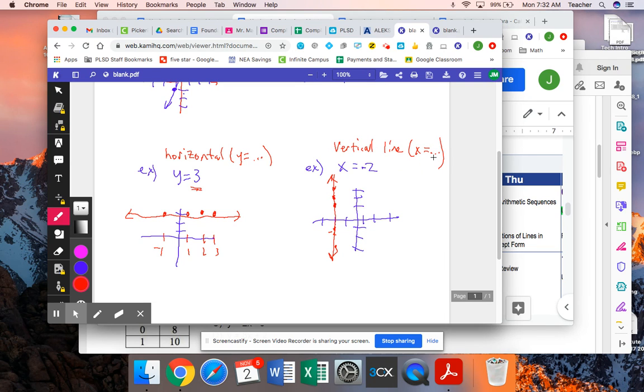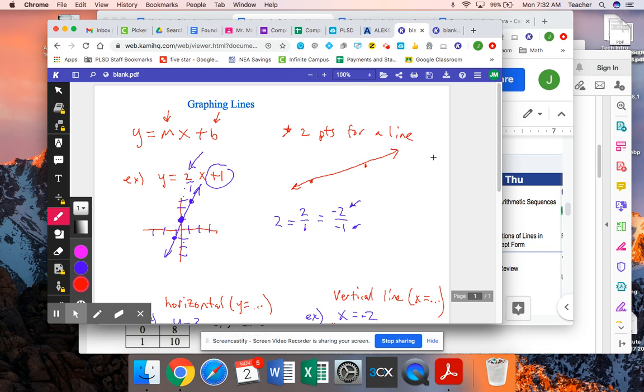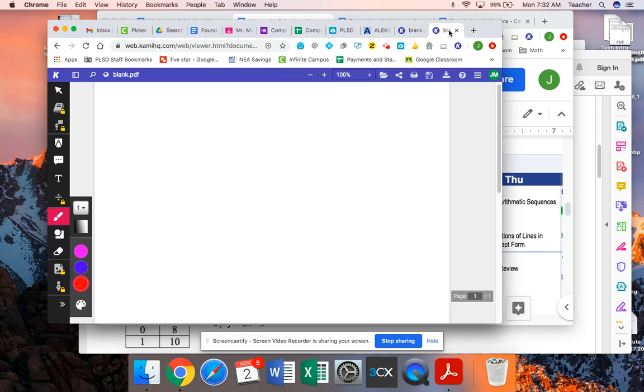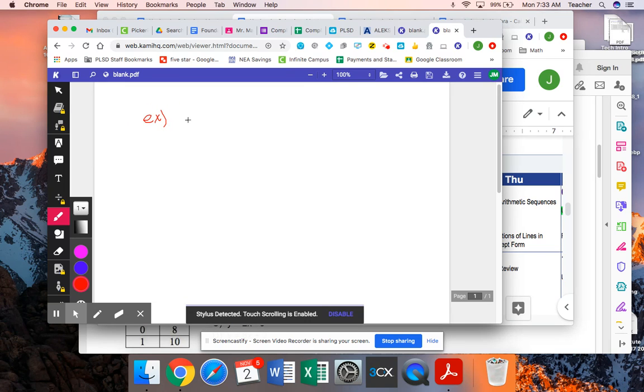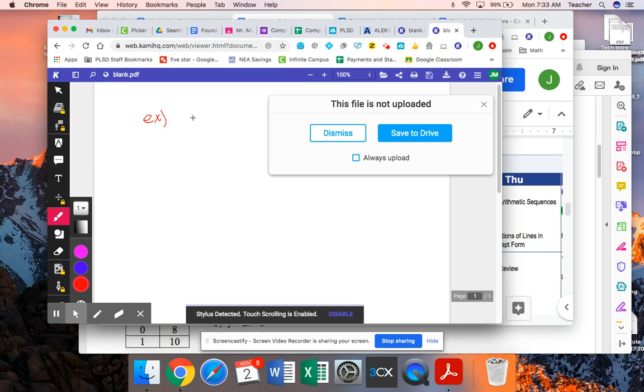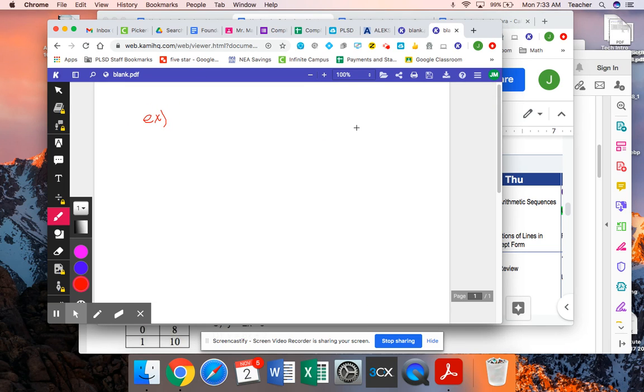So graphing lines, not that tough if it's in slope-intercept form. There is such a thing as when you have an example, for example, y minus 2 is equal to 3 times x plus 1.